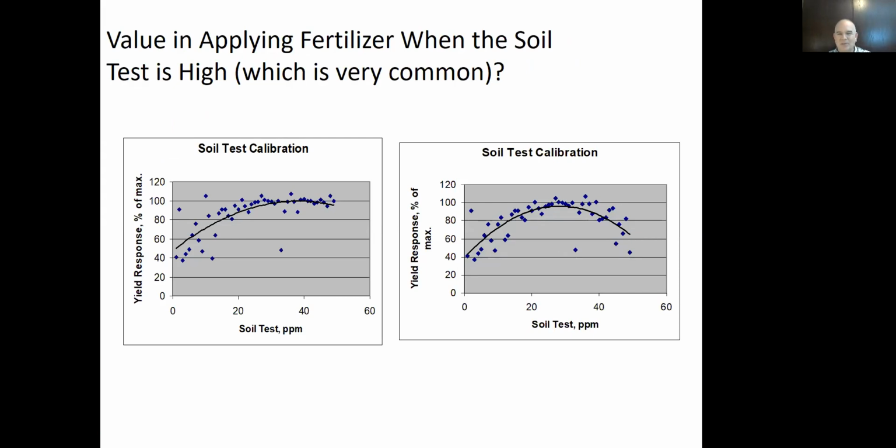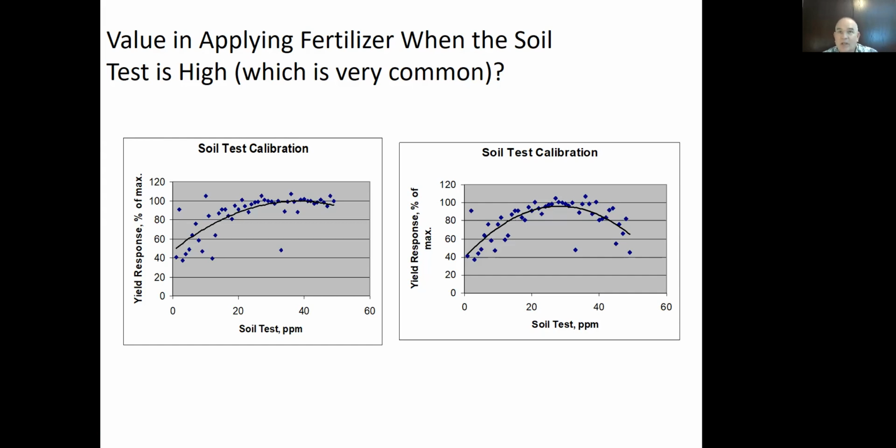What is the value in applying fertilizer when the soil test is high? And this is really common in the urban environment. I frequently see phosphorus and potassium soil tests that are exorbitantly high in the urban environment. I don't see that as common in farm fields because they're not over fertilizing, but we are typically over fertilizing in the urban environment.